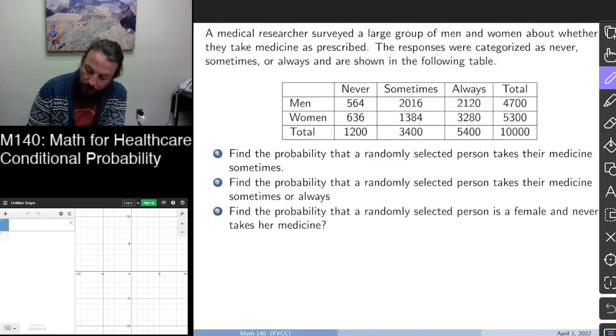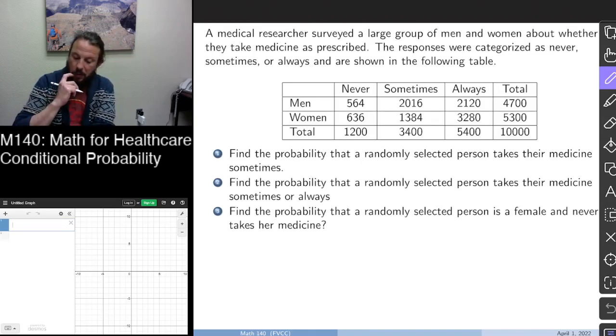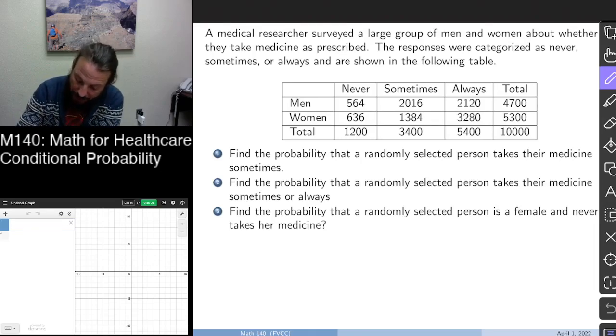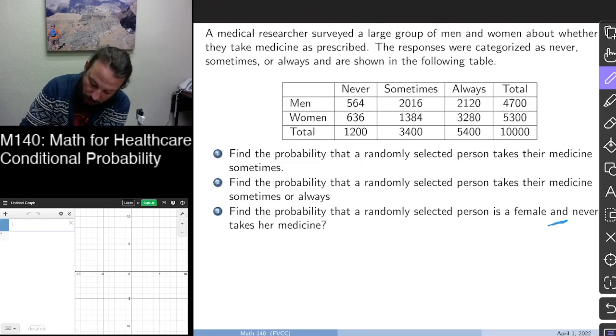Now, find the probability that a randomly selected person is a female and never takes her medicine. Let's say we let female be the event F, and we're looking for, notice the word and, never takes her medicine. So we're looking for the probability of female and, or intersect, never.